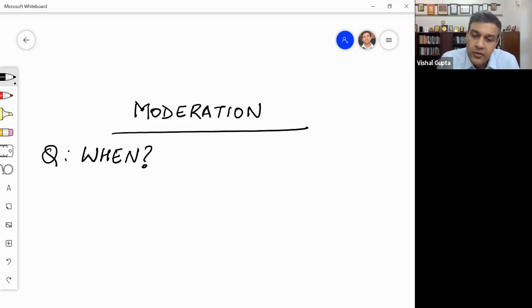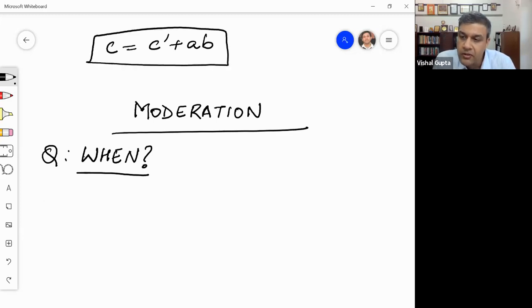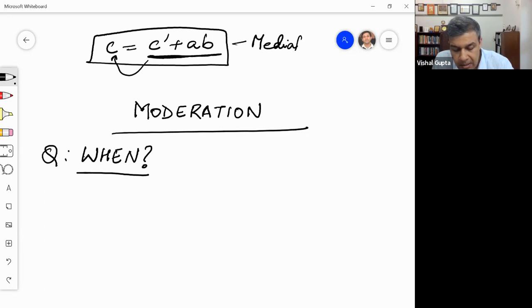In this case, what we are doing is we are not looking at breaking down the total effect. Rather, we are looking at when will the effect of X on Y be different. Okay. In mediation, we said C is equal to C dash plus AB. Okay. So we said that the total effect does not change because of the mediator. This will add up to still remain C, the total effect. That is what was happening in mediation.